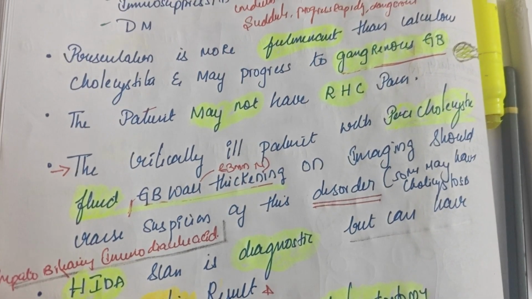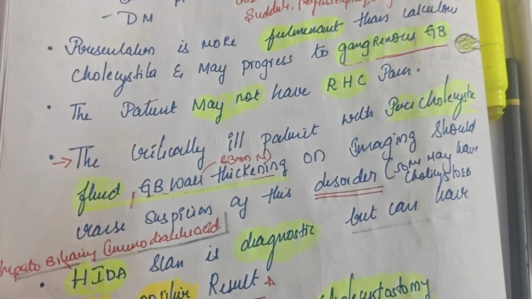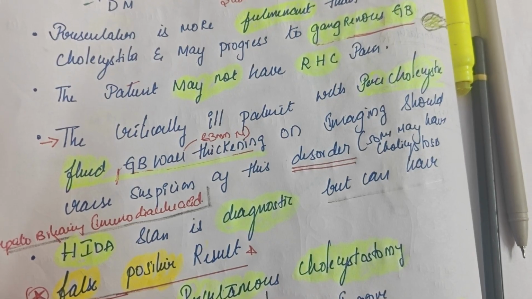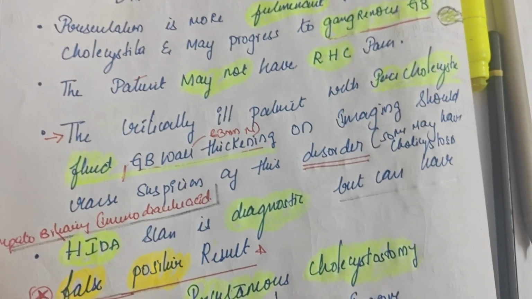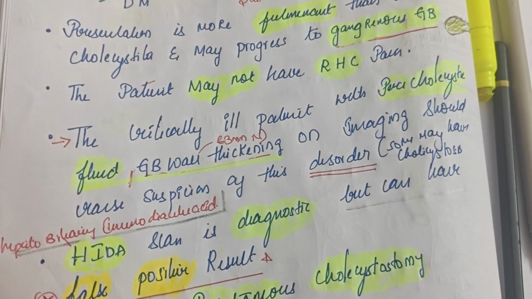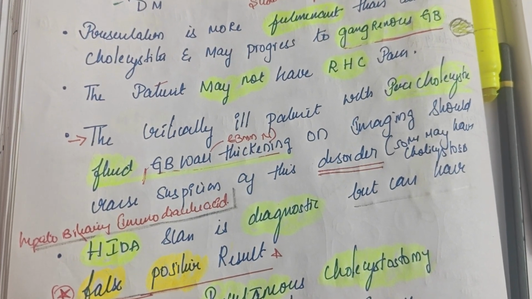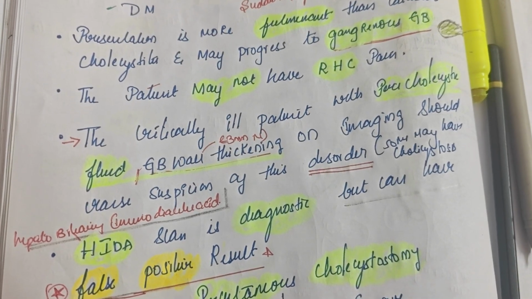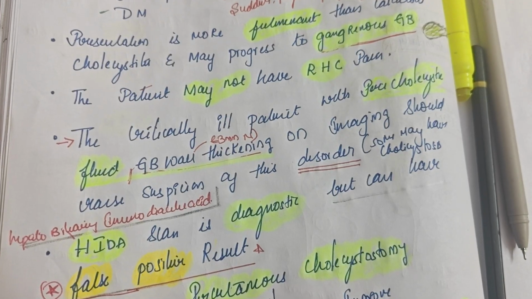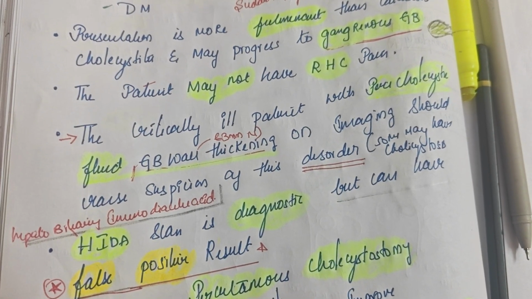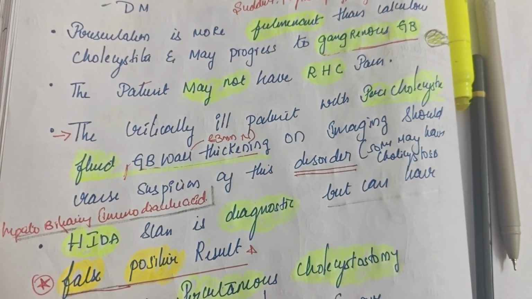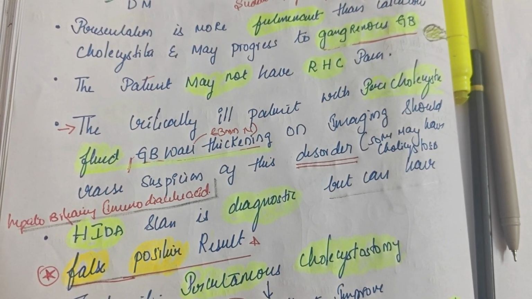In a critically ill patient, when you examine in a scan, if he has pericholecystic fluid and a gallbladder wall thickness of more than 3 mm on imaging, you should raise a suspicion of this disorder. You should have the suspicion that he has acalculus cholecystitis.